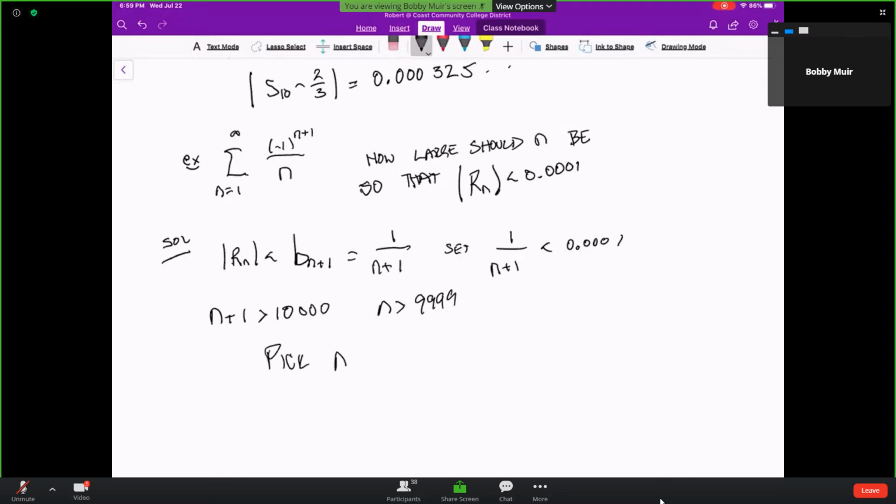So pick n equal to 10,000. In order to approximate this with the accuracy that we want, we're going to have to go out 10,000 terms. So that's telling me that this series isn't converging very quickly. There are other series that converge quite rapidly. All right, let me go get my water filled up so you guys can catch up for a second.